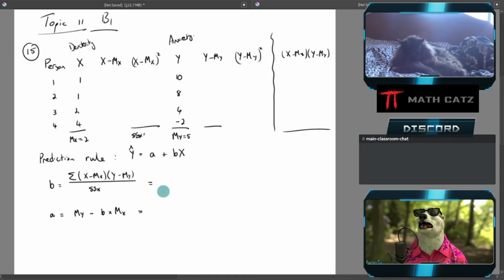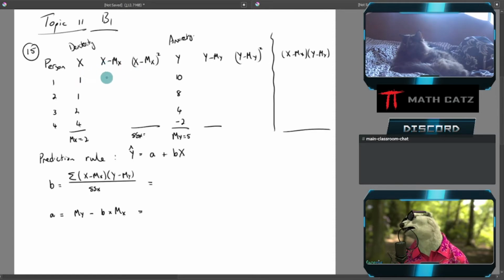Now we don't need to calculate the variance completely or the standard deviation like we did in the correlation coefficient case. We sort of go halfway with the sum of the squares, and that's all we really need. So we need to calculate the deviations and then square them.